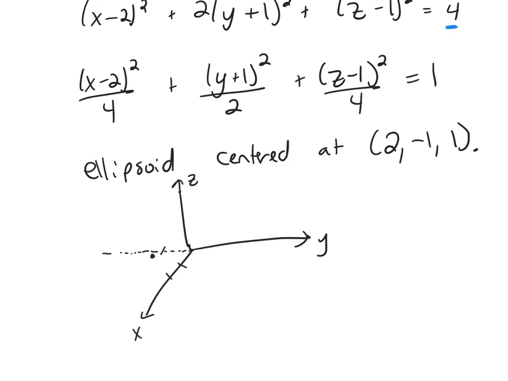So in the XZ direction, if we look at our traces, we would have circles going along the XZ axis. So it would look something like this. But then going the other way, it's an ellipsoid, so we're going to go out a little bit.